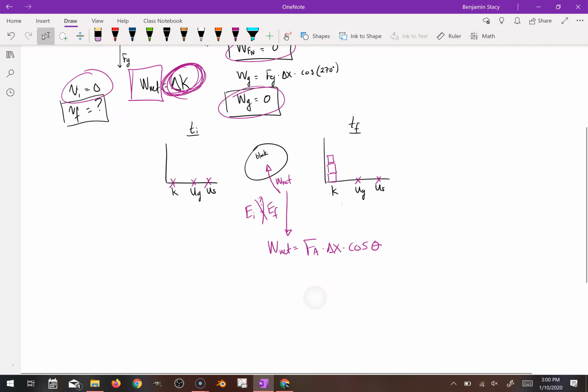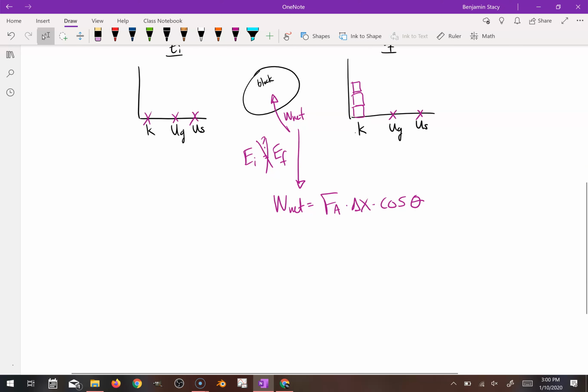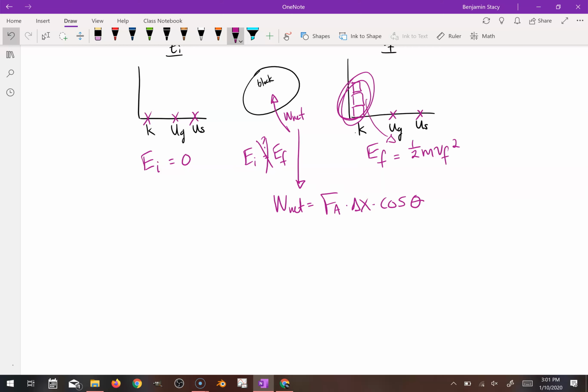All right, so now I've found the net work. My initial energy was 0. I've got an arrow, right? So initial mechanical energy is 0. And then my final mechanical energy is 1/2 m v final squared, because my final energy is all kinetic energy.